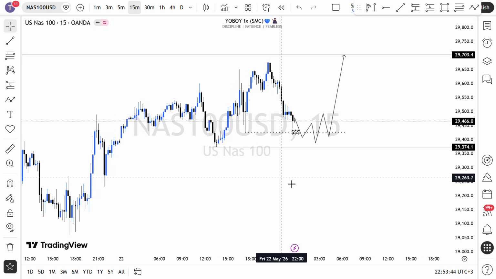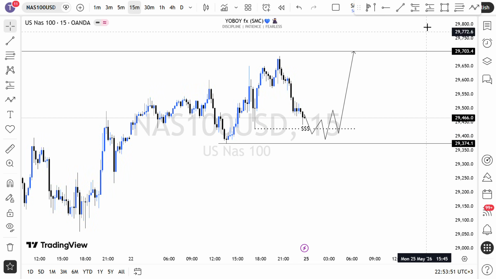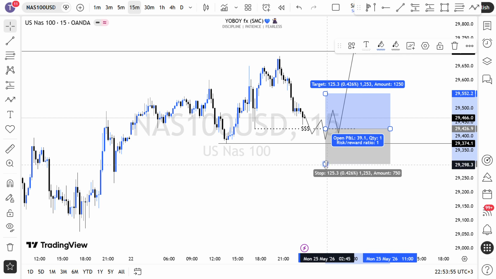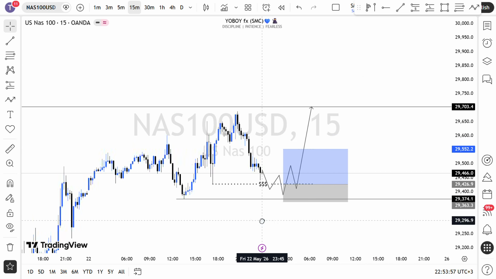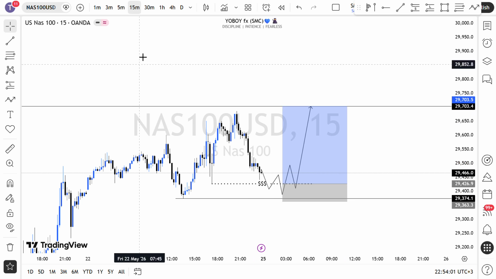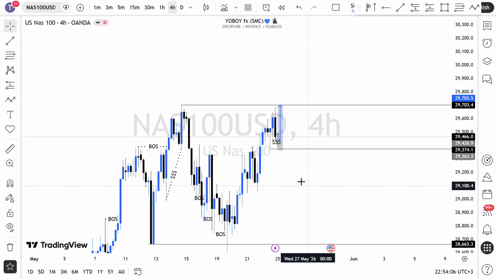So watch out once the market opens. Let us watch out for price to take out this low, and then we look to take our buys from that area once price takes out the liquidity, and then we target the external liquidity. So I thought price left behind a fair value gap inside the 4-hour time frame, but unfortunately, this fair value gap was already mitigated.